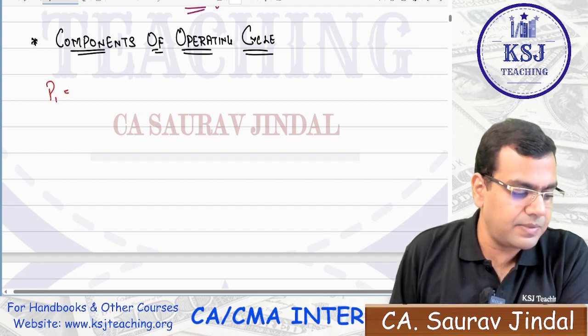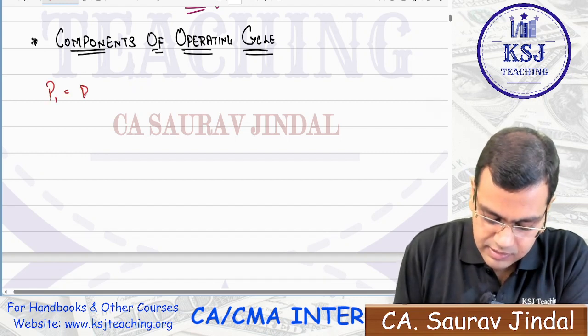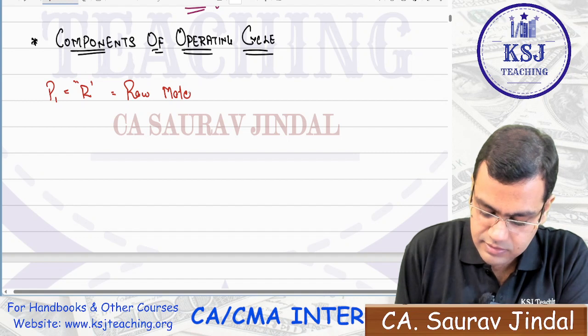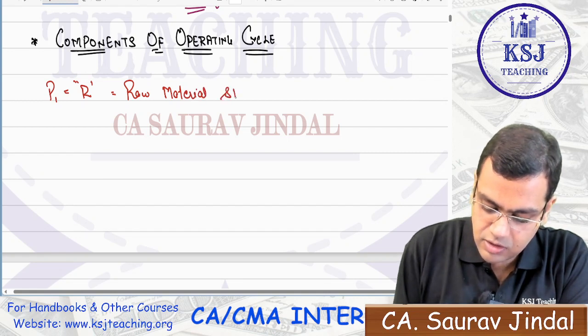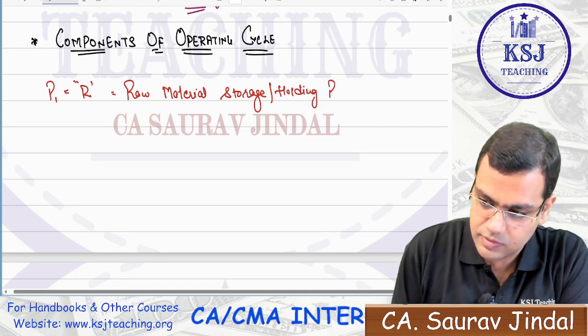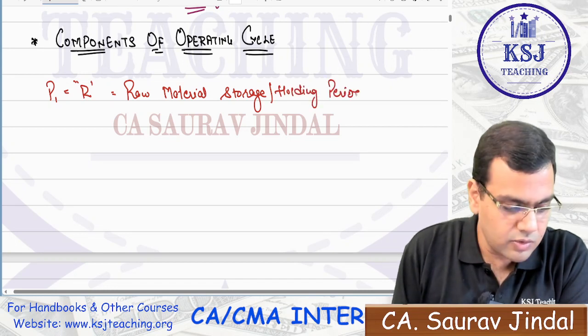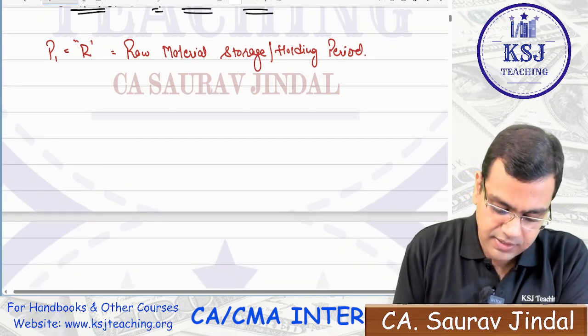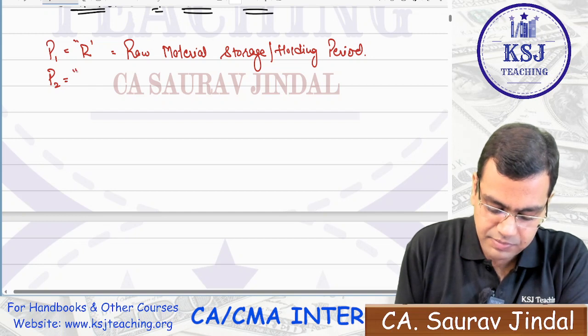P1 represents R, right? R is the raw material storage period. R represents the raw material storage, or what we call the raw material holding period also. Storage or holding period, right? This P1 is represented by R, P2 is represented by W, right?